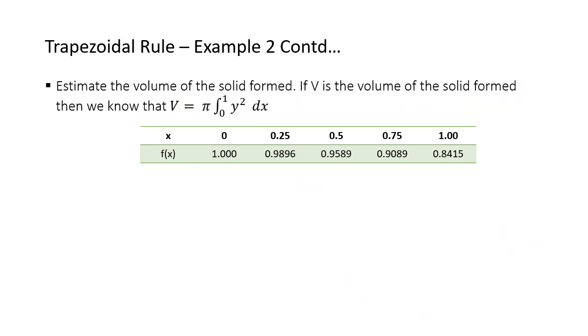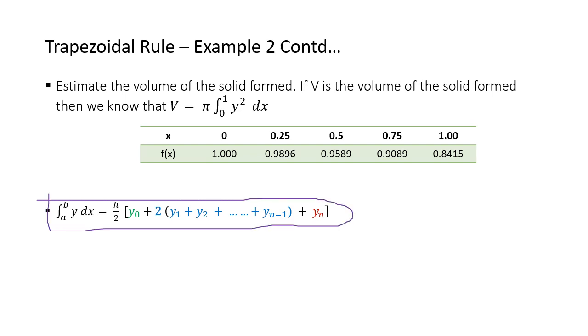So we continue on this slide. Again, we have the same table from the previous slide. That is the given data from the previous slide, and again we have the formula for trapezoidal rule.